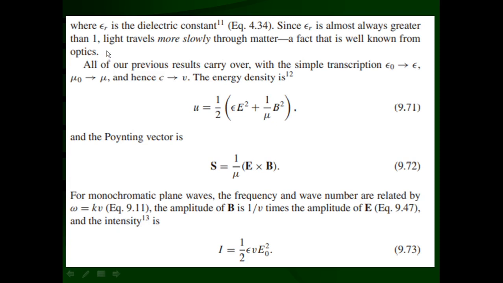And because of that, the velocity of electromagnetic waves in matter is reduced. That velocity is less than the velocity of light, or of electromagnetic waves, in free space.